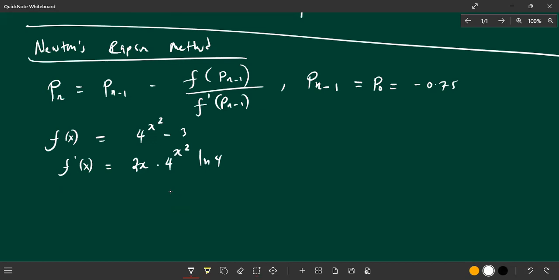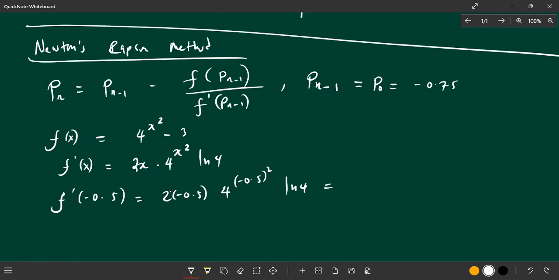We need to evaluate this at the previous approximation, which is P0. So f prime of P0 is equal to 2 times negative 0.75 times 4 to the power negative 0.75 squared times the natural log of 4.